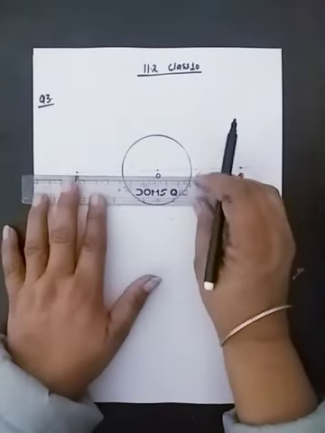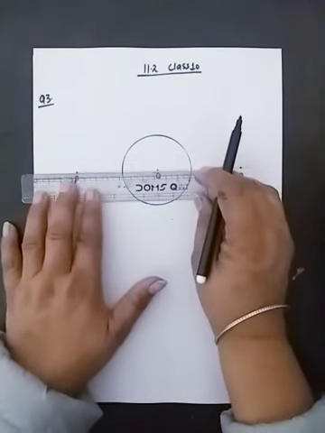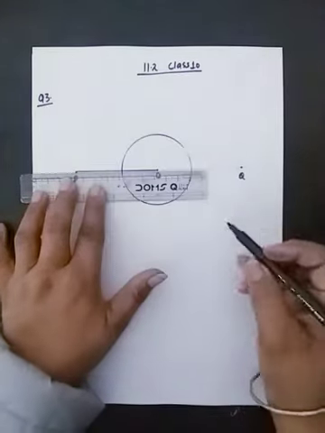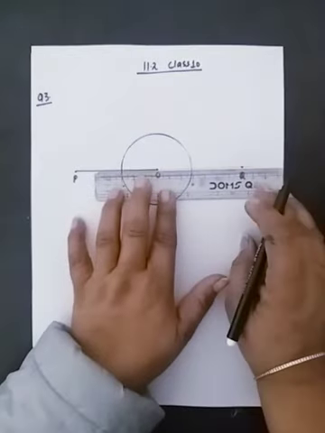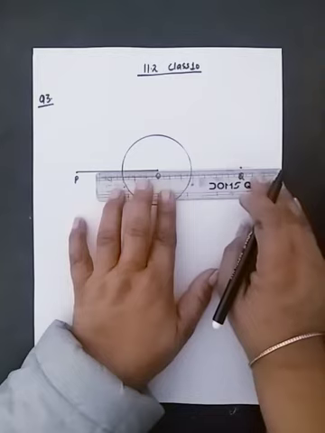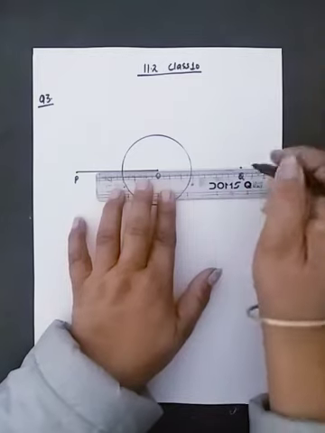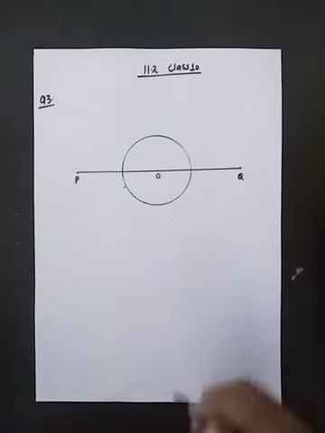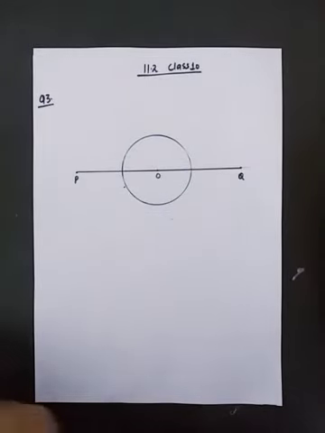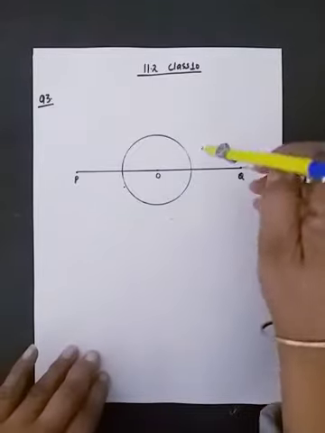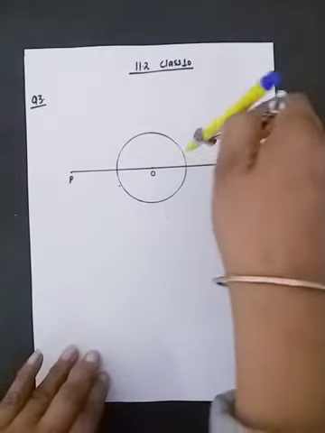So the first step is again join O to P, meaning exterior point को हम center से join करेंगे. Same is for point Q. We have to join, and this was already joined because we have drawn a diameter. Again we have to do the same construction, tangent to a circle from exterior point. Means again we have to draw perpendicular bisector of OQ.